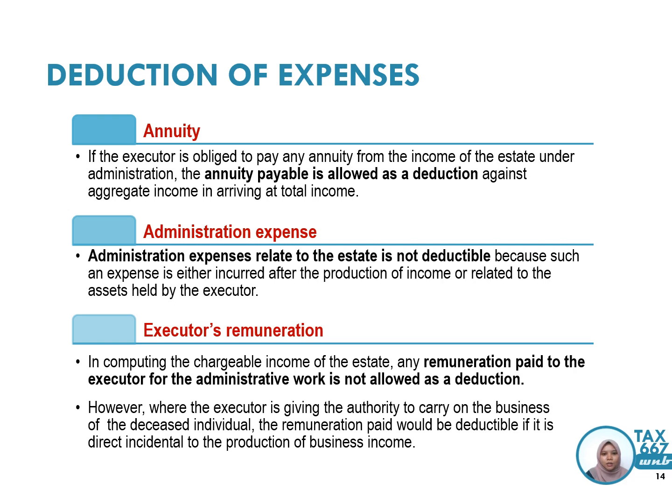If the executor is obliged to pay any annuity from the income of the estate under administration, annuity payable is allowed as deduction. So, annuity dibenarkan untuk tolak against aggregate income in arriving at total income. So, you kena set in your mind, annuity payable boleh tolak.